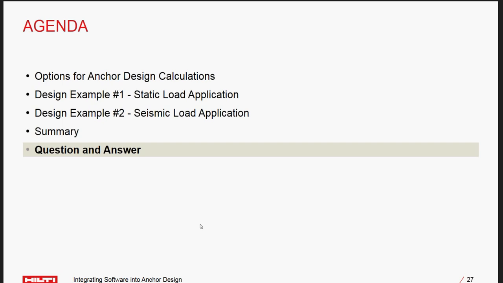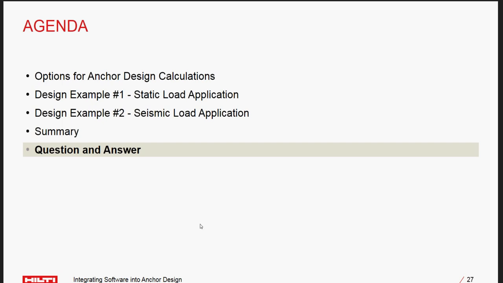So that is the end of the software. Actually, let me backtrack. There's one more thing I want to cover with the adhesive system, and that is sustained loading. When we have an adhesive, we have to do an additional sustained loading check that's present in ACI.